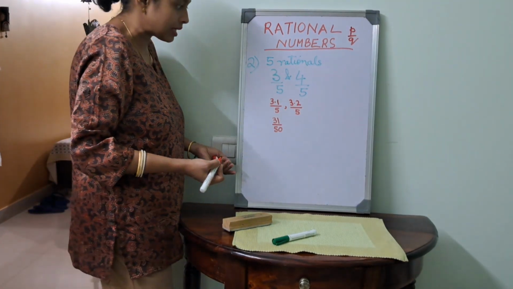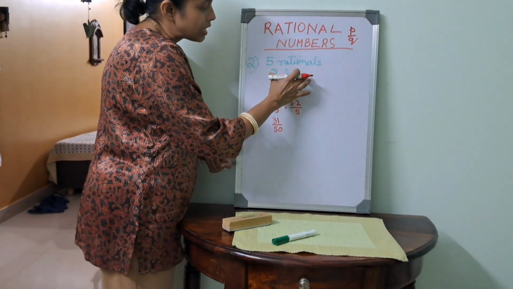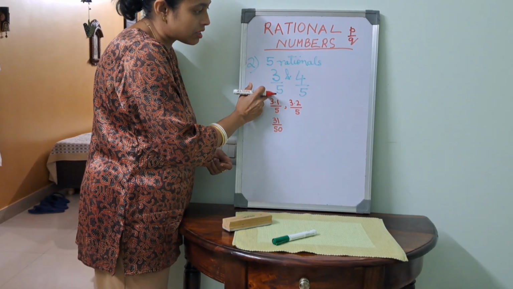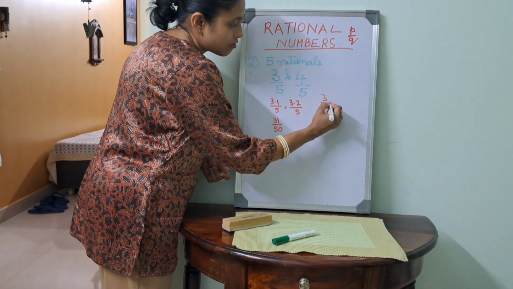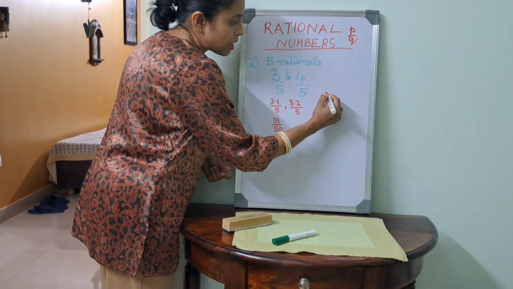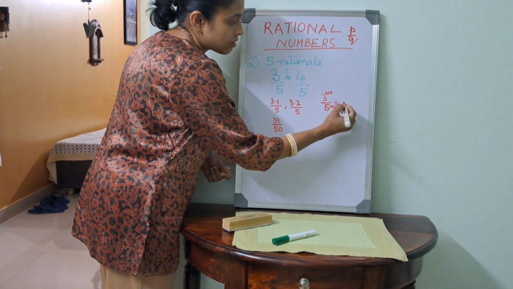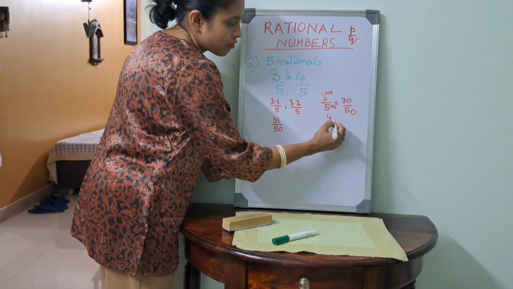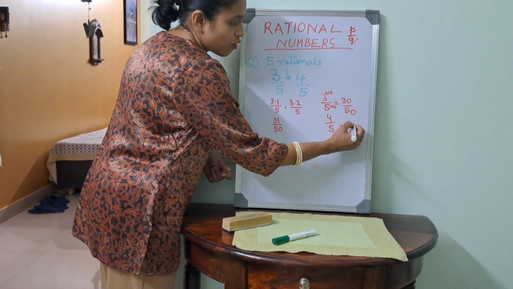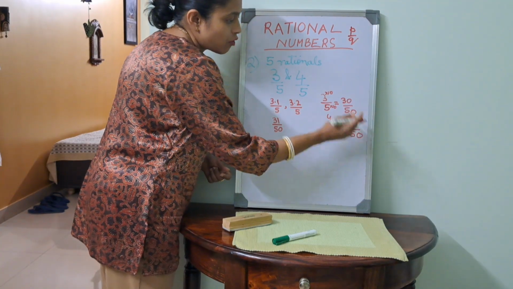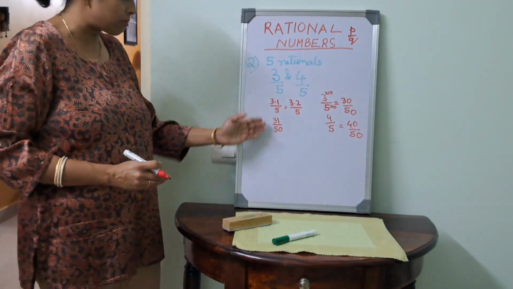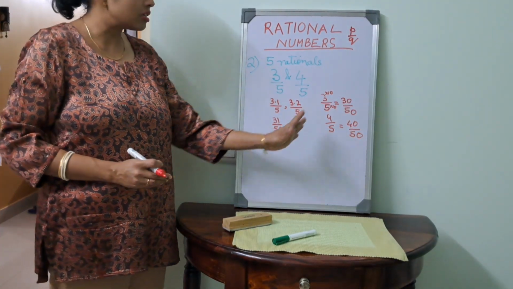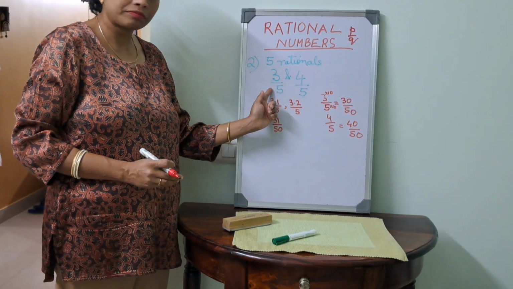Or the other way of doing it is, you increase the value of the numerators. How do you increase the value of the numerator? 3 by 5, I can write it, multiplying both numerator and denominator by 10, as 30 by 50. So 4 by 5 becomes 40 by 50. And now we can change the numerators, 31 by 50, 32 by 50. We can find 10 rational numbers between these two.